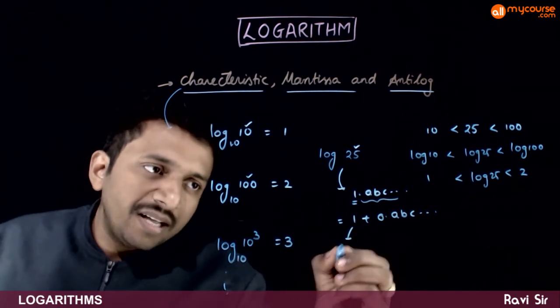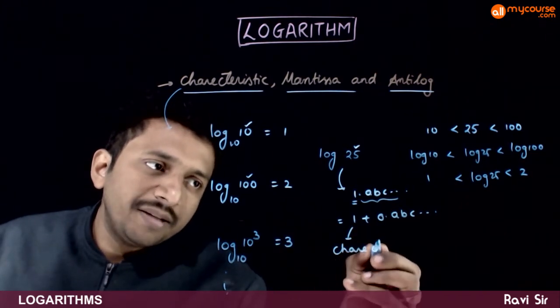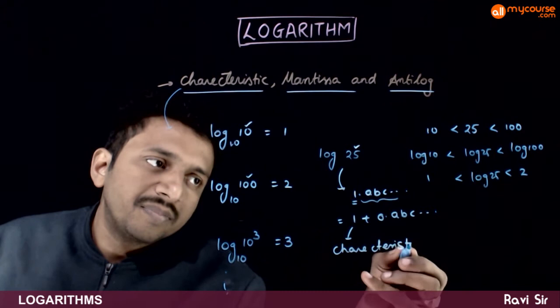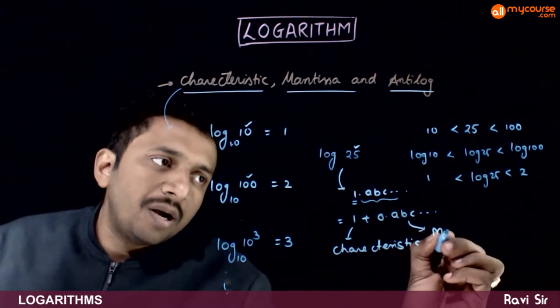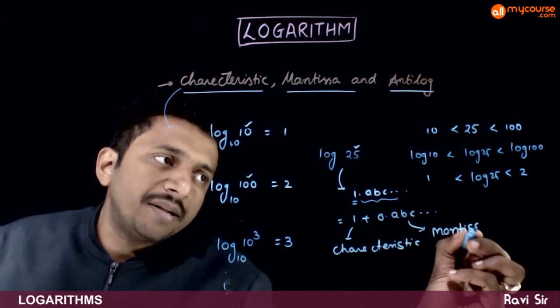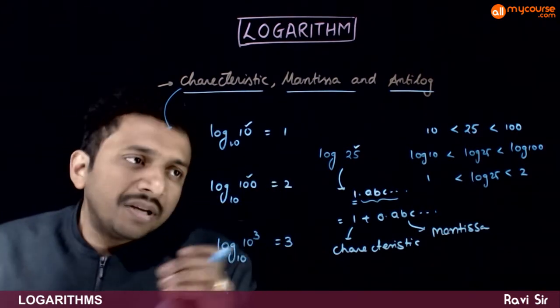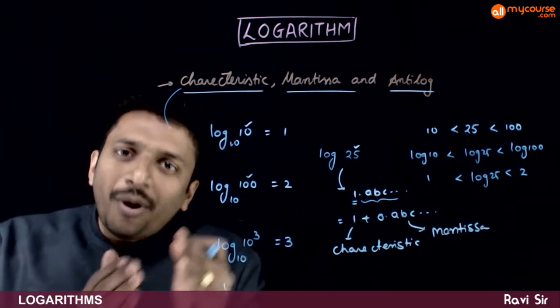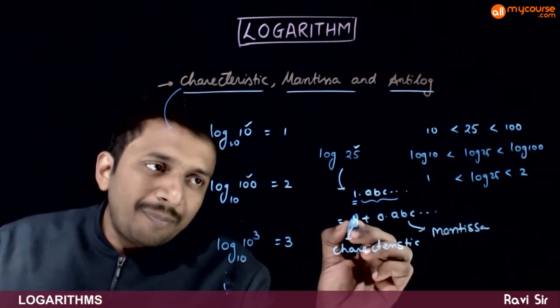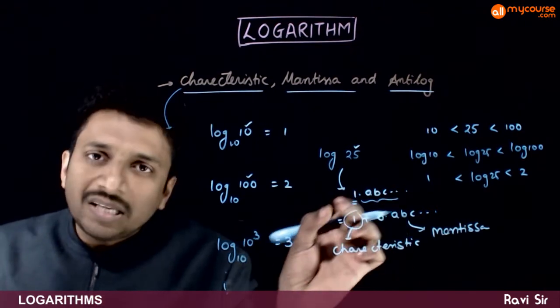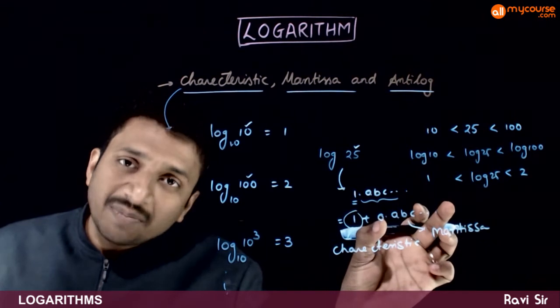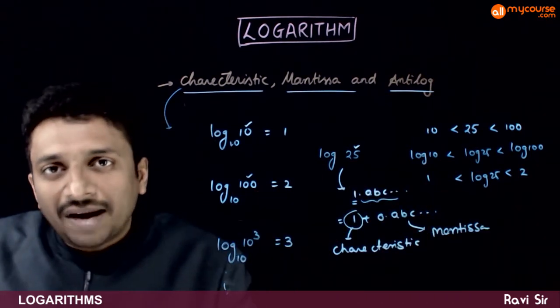So this part is called the characteristic part and the decimal part is called the mantissa. Whenever you calculate log of any number, if you get something point something else, the integer part of the number is called the characteristic and the decimal part is called the mantissa.